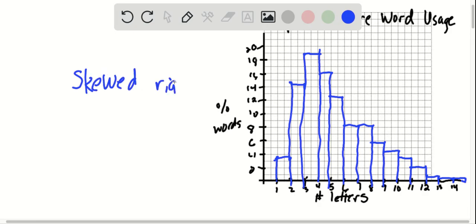And remember, this is popular science as opposed to Shakespeare. And so if we compare this graph to the graph of Shakespeare's in question 52, we can see that the usage of short words is a lot higher with Shakespeare.